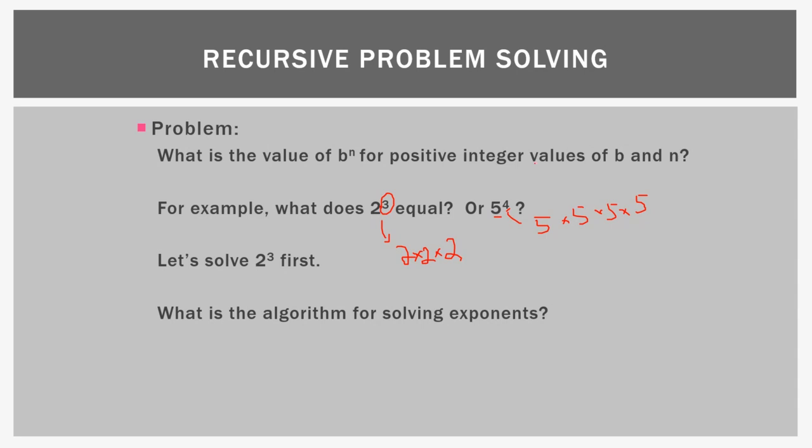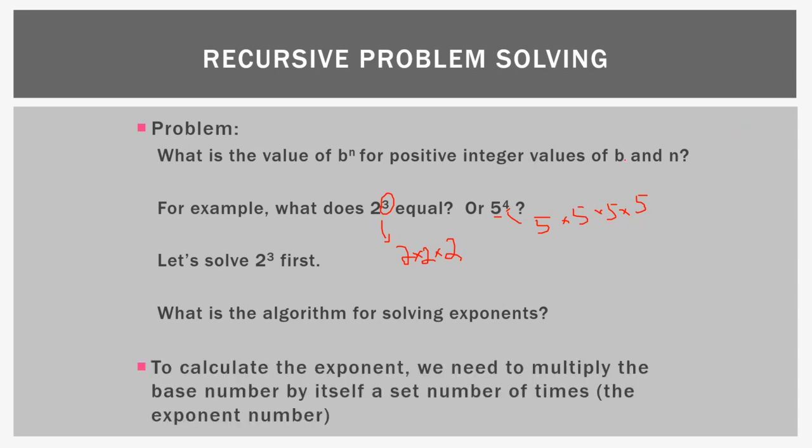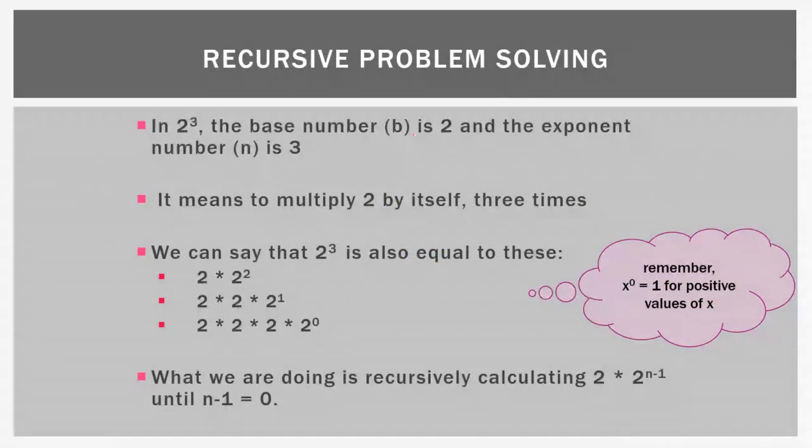I said we wanted to break it down into smaller problems. So here's an example of doing that. If we break 2 to the power of 3 down into smaller problems, 2 to the power of 3 is also equal to 2 times 2 to the power of 2.